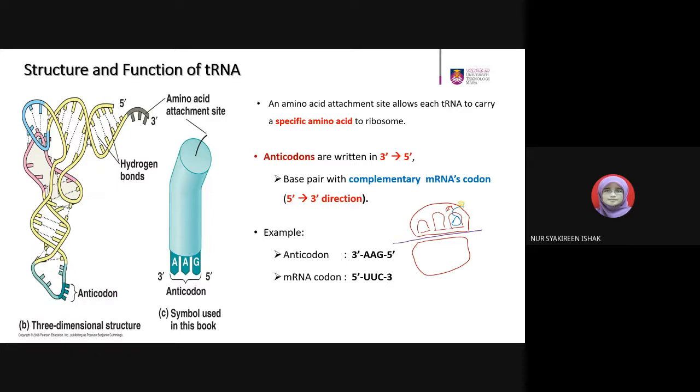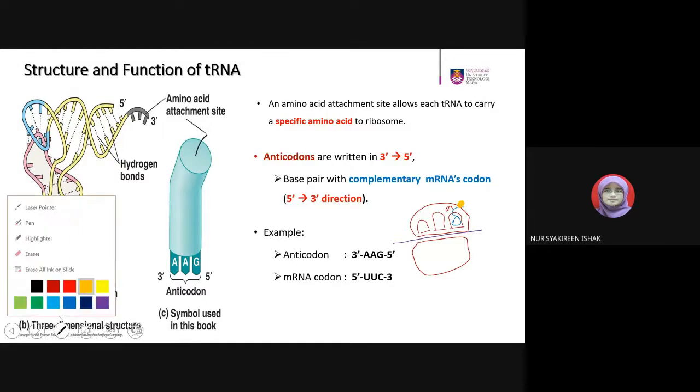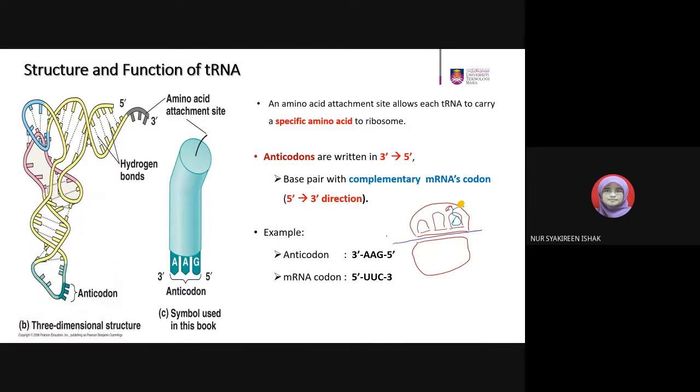Okay, so it brings a specific amino acid according to the mRNA codon that enters into the A site. So kalau for mRNA, it is read in the direction of 5' to 3'. So the anticodon mestilah complement, faham tak?